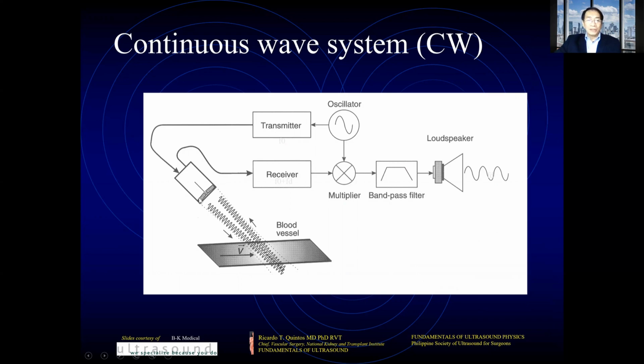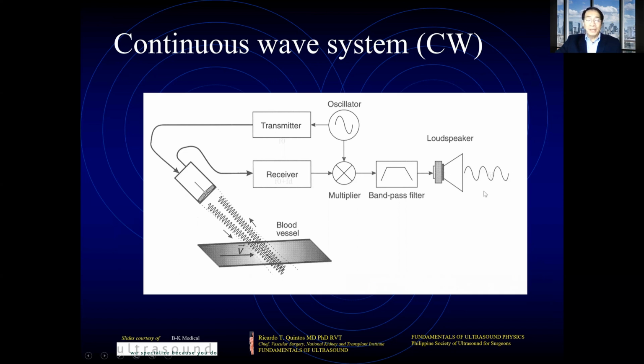One element will continuously vibrate and send forth the ultrasound signals, and this will be echoed back and picked up by a second transducer or a second crystal, which then converts the mechanical energy into electrical energy, and electrical energy is brought into the receiver, and this receiver is then interpreted by the central processing unit, and then it's again amplified and brought out to a speaker, so you are able to hear the sound.